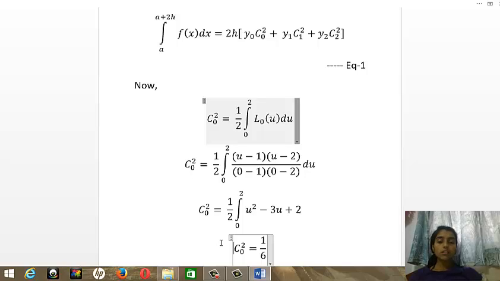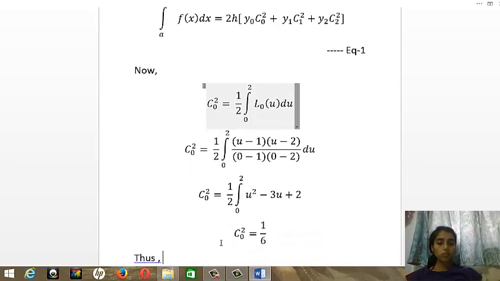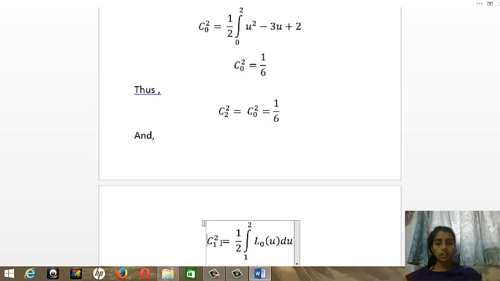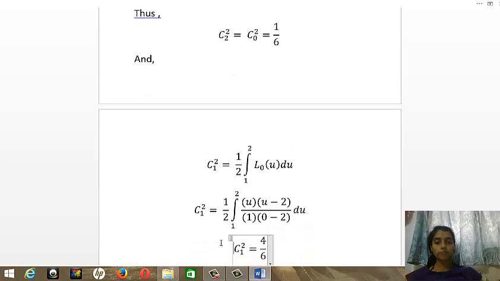So first, C0^2 will be 1 by 2 integration of L0(u) du from 0 to 2. On calculating this, we get C0^2 as 1 by 6. Similarly, C2^2 is equal to C0^2. Therefore, C2^2 will be 1 by 6.